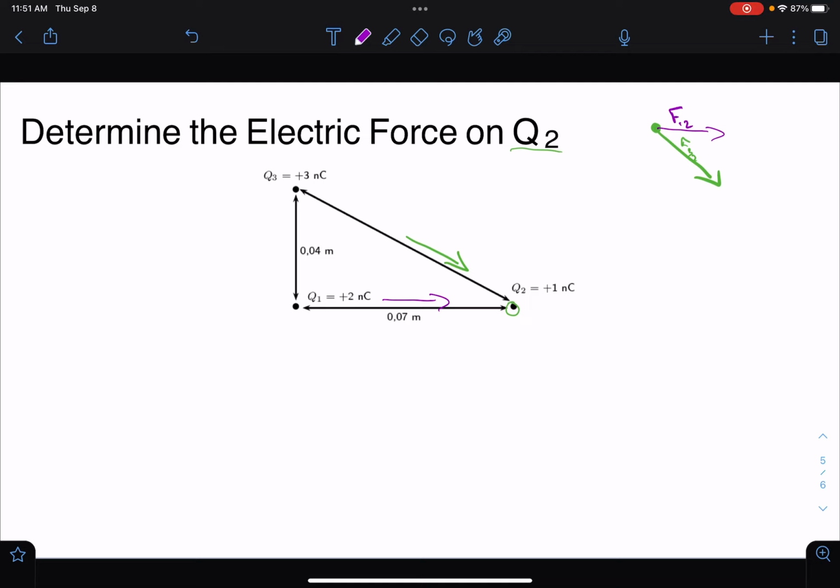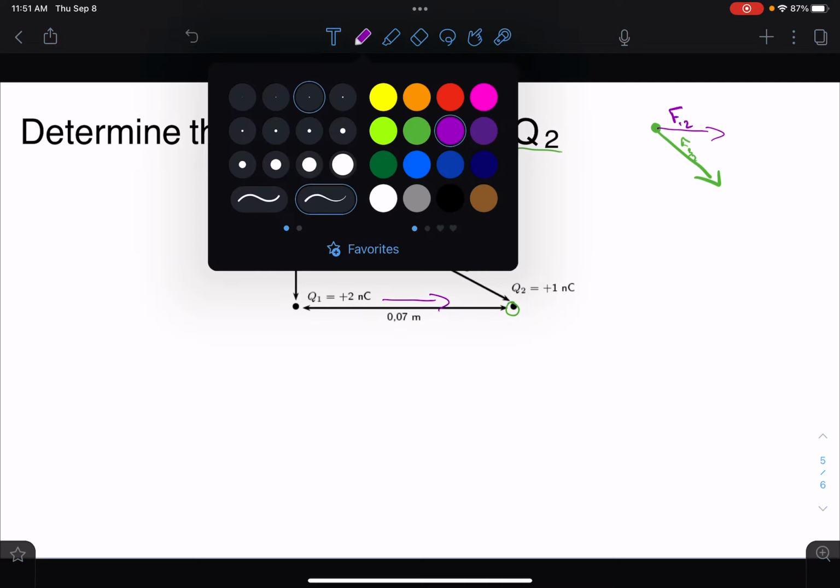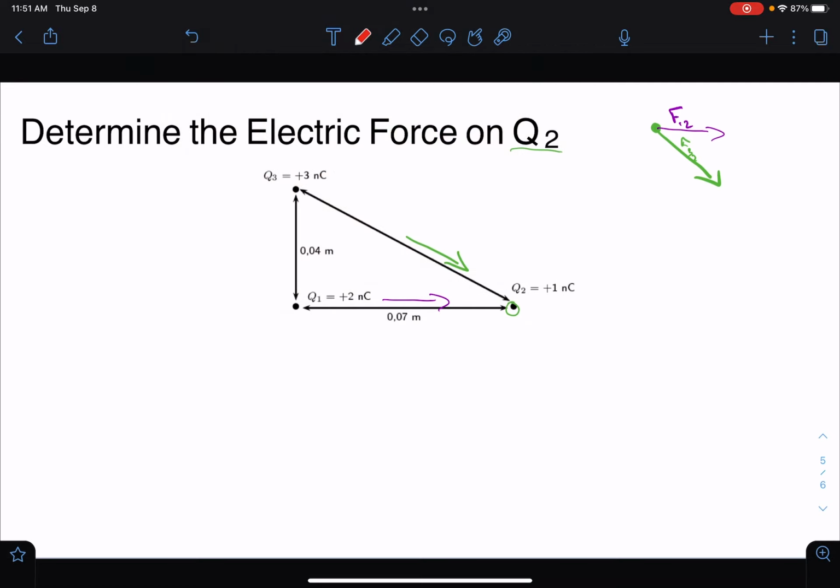So what we're going to end up having to do is break this diagonal force up into its own vector components. So we cannot do that using distances or charges. We have to use those vectors. And then notice that this x direction is actually the same as my force of Q1 on Q2 direction. So we'll have to end up adding those before we find our resultant.